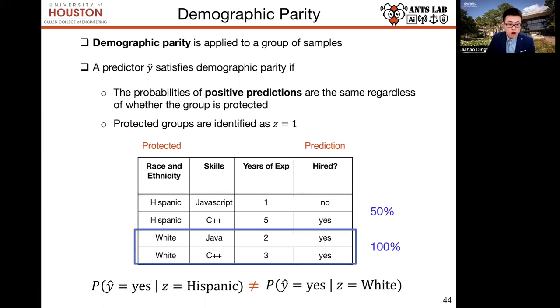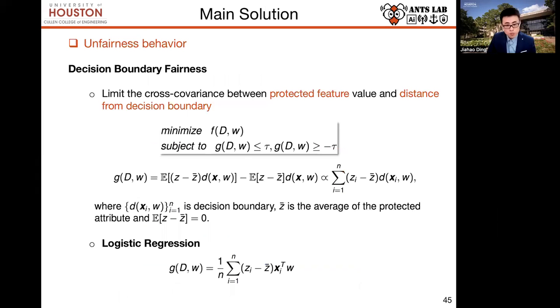So how do we enforce fairness to make these probabilities equal? The main solution we consider here is called decision boundary fairness. The key idea of this method is to limit the cross covariance between the protected feature value and the distance from the decision boundary.